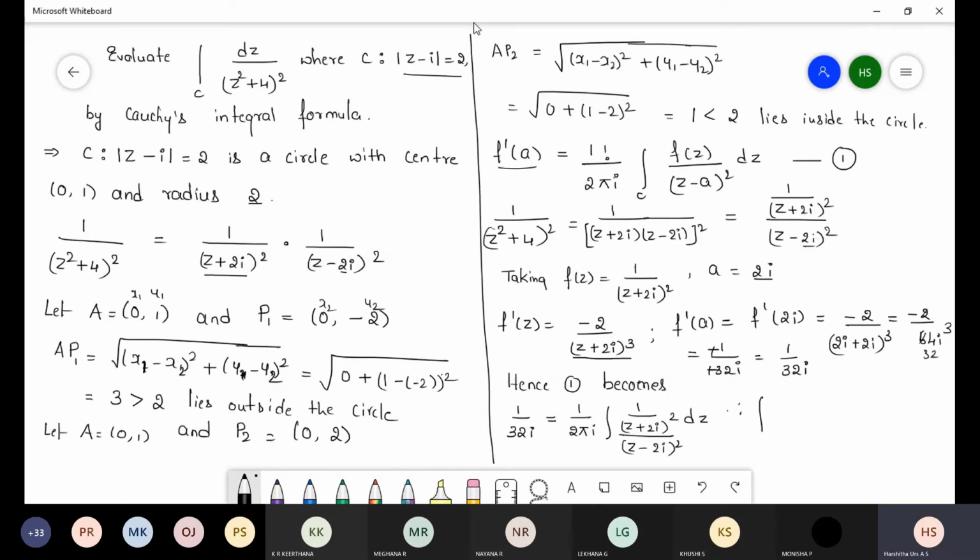Therefore, the integral over the curve C of 1 divided by (z plus 2i) whole square into (z minus 2i) whole square into dz is equal to, the i will get cancelled. 2 ones are 2, 16s are 16. Cross multiply this pi to the numerator of the LHS side. So pi divided by 16 is the answer.